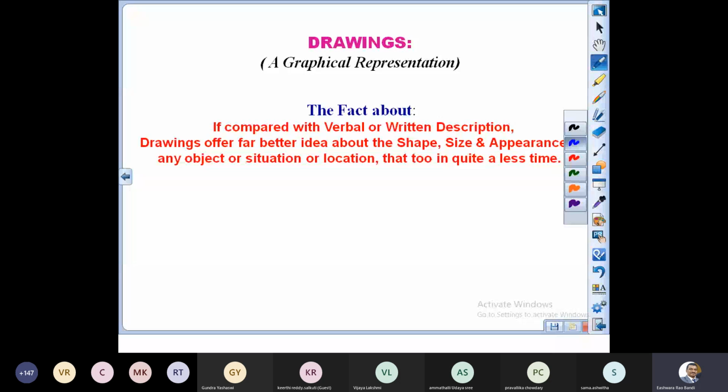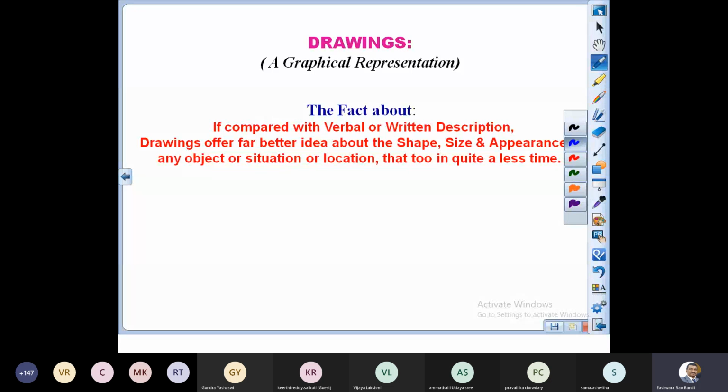Some drawings will be given when you buy a new phone, in a manual, right? All the circuits will be given: how to connect and where to connect, which type of pin and where to connect, and what the purpose is.